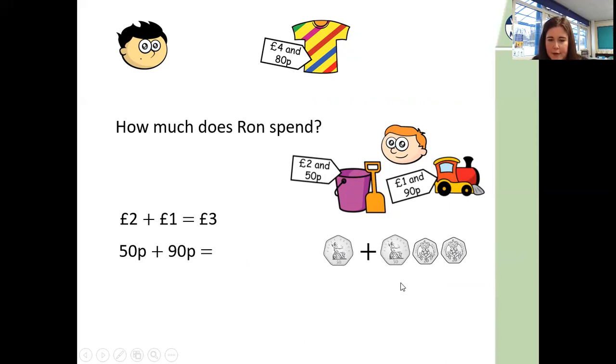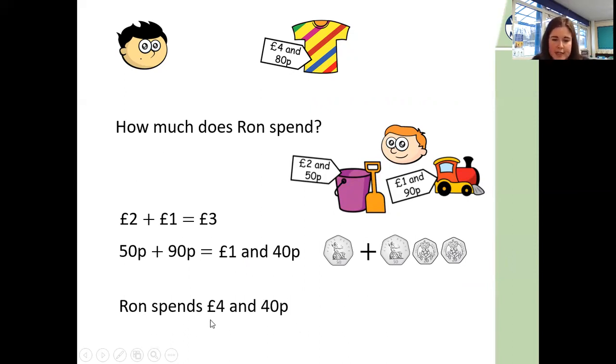Our 2 50p coins give us £1, and then we count our 20s. £1, 20, £1, 40, which is £1 and 40 pence. We must combine it with our £3, the pounds that we've already added, and it informs us that Ron spends £4 and 40 pence.